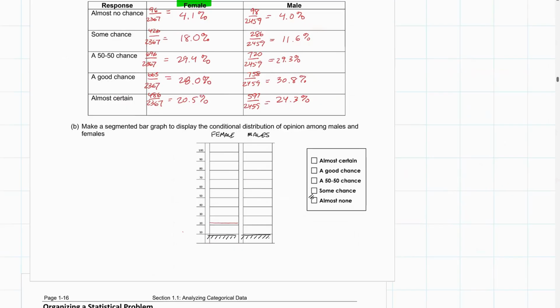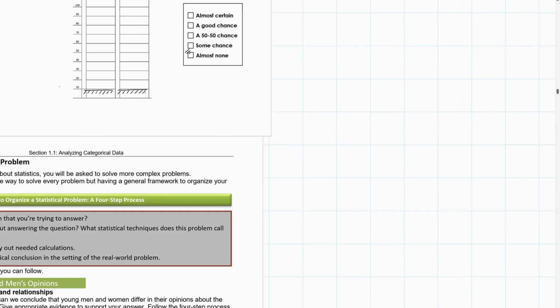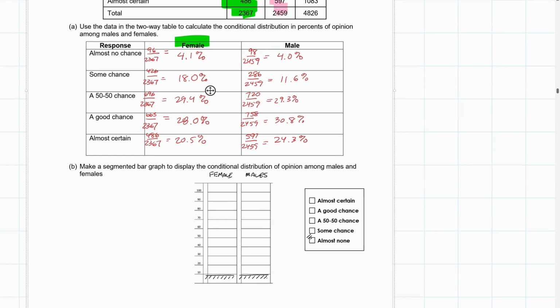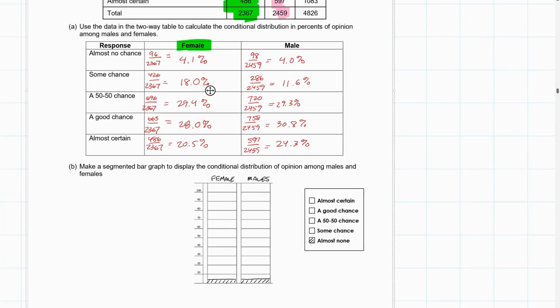I need to undo that shift. I'm just going to keep on undoing. There we go. So about 22%, which is about here, because again, 4% plus 18% gets me about 22%.